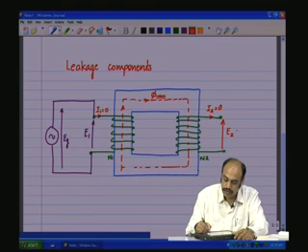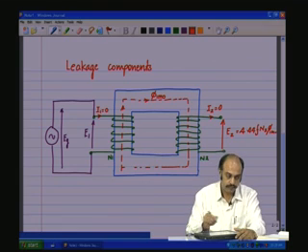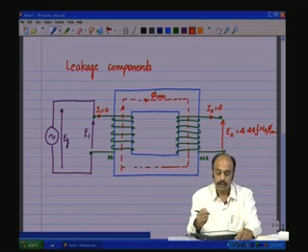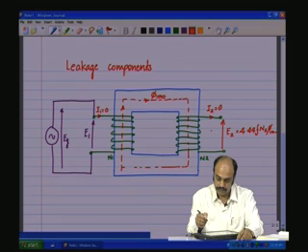and it is going to produce a voltage at the secondary which is equal to 4.44 f N2 phi 1 m 0. This is the amount of voltage that is going to get induced across the secondary windings.